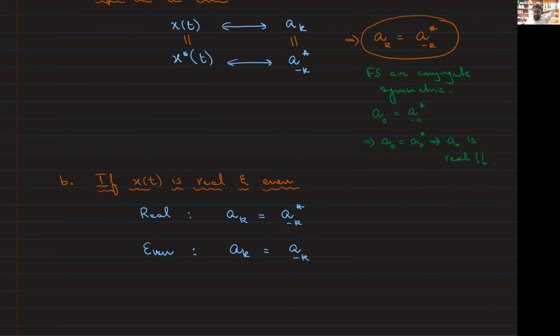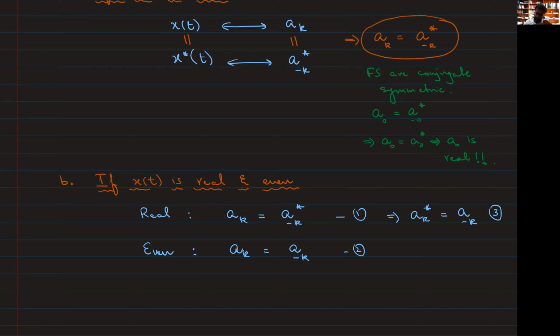I am just going to use these two equations here, equation number 1 and equation number 2, and combine them together to conclude that A k must be real. So this implies that A k conjugate equals A of minus k. I just take the conjugation on both sides. So this is equation number 3.